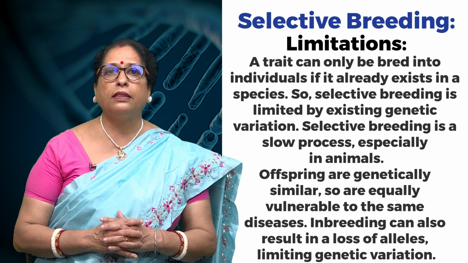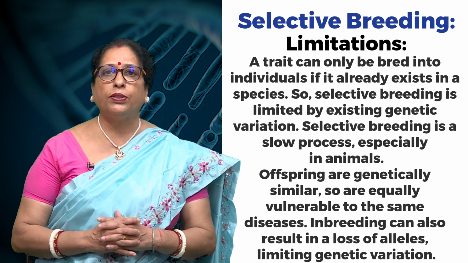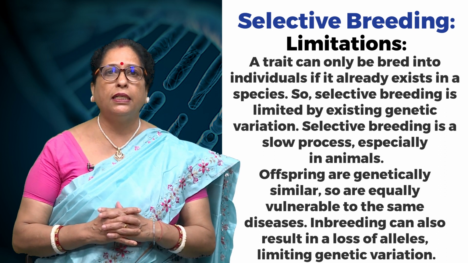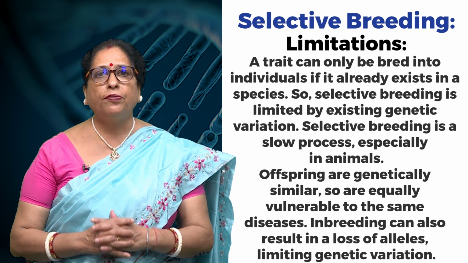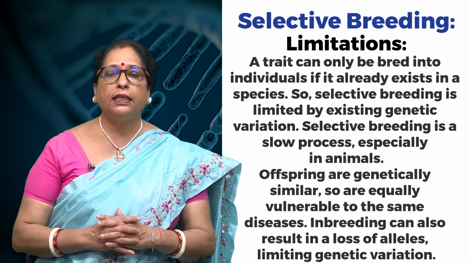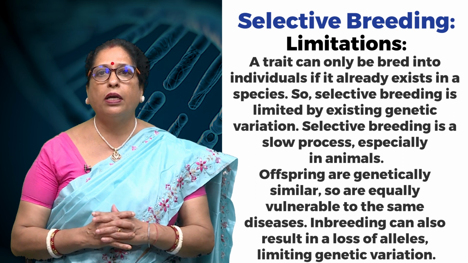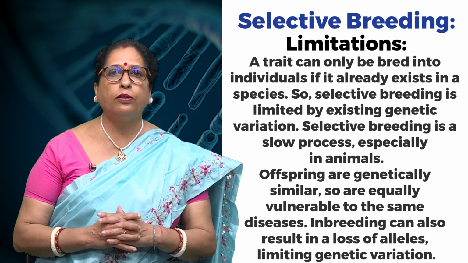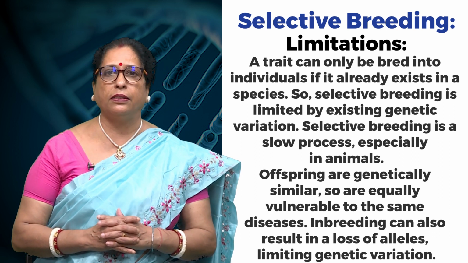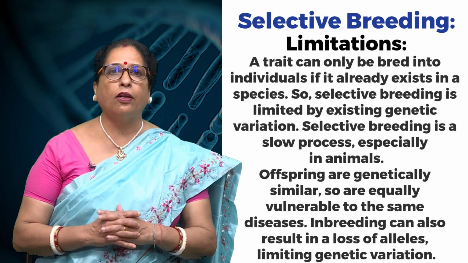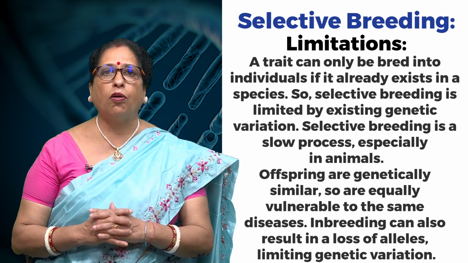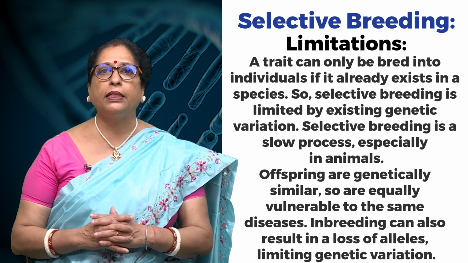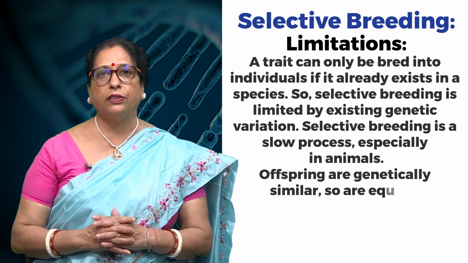Limitations of selective breeding. A trait can only be bred into individuals if it already exists in a species. So, selective breeding is limited by existing genetic variation. Selective breeding is a slow process, especially in animals. Offspring are genetically similar, so are equally vulnerable to the same diseases. Inbreeding can also result in a loss of alleles, limiting genetic variation.